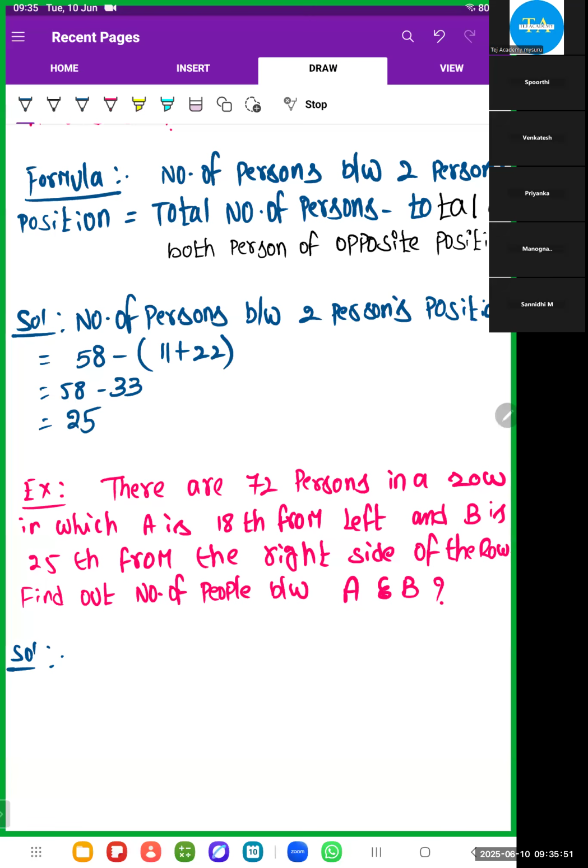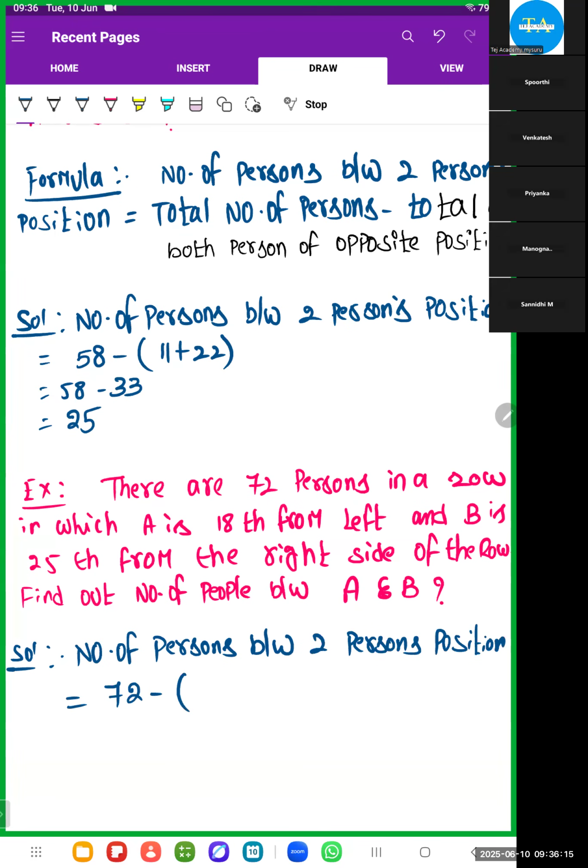Yes, sir. So the same formula for the number of persons between two persons. Here there are 72 people, and A's position is 18 and B's position from the right side is 25.